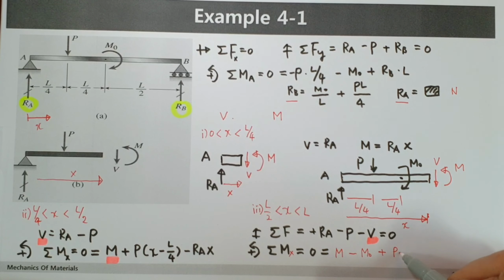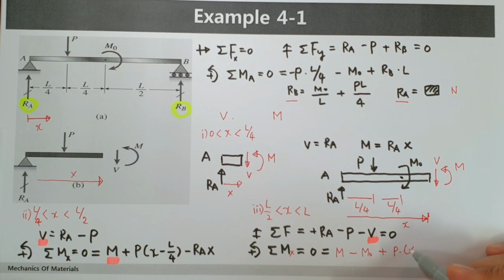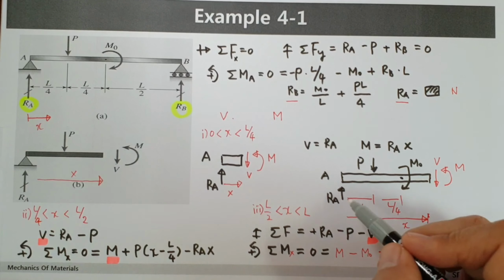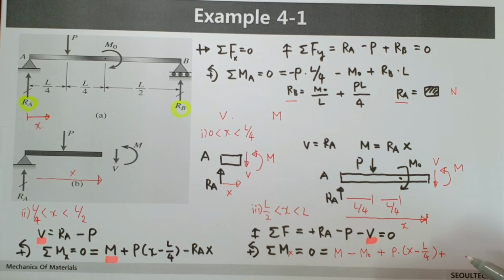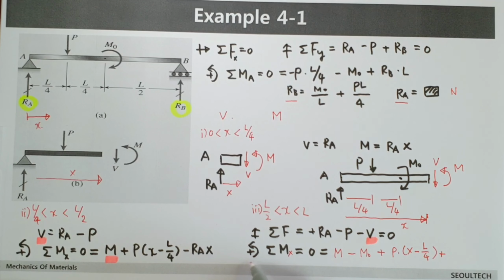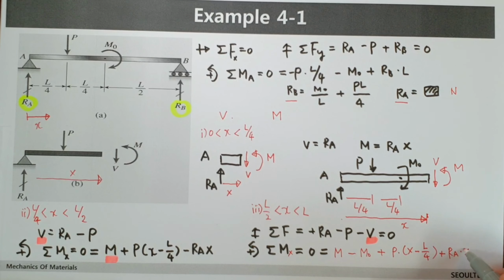Plus P is multiplied by this distance, X minus L over 4. Okay. Next one, finally, this one. Minus value, because we considered this one positive. RA is multiplied by this distance, X.